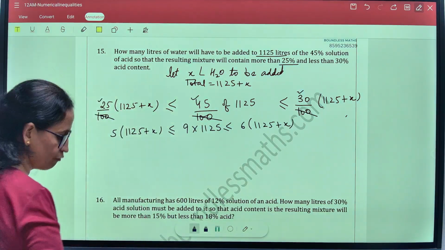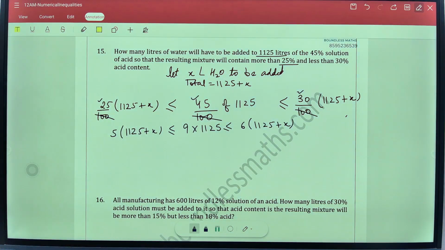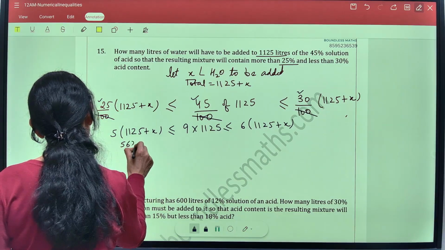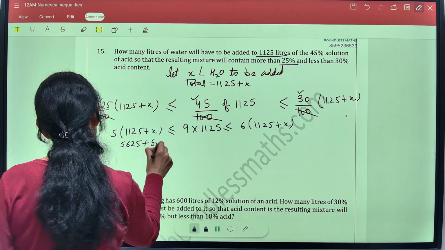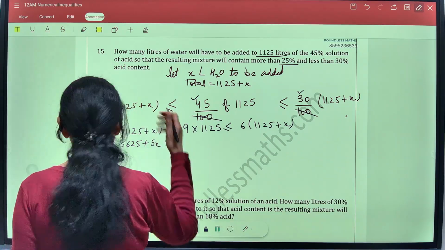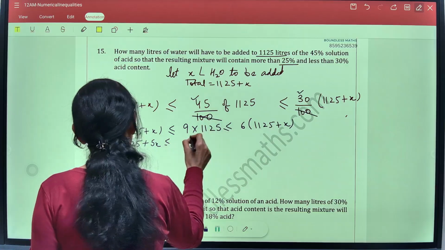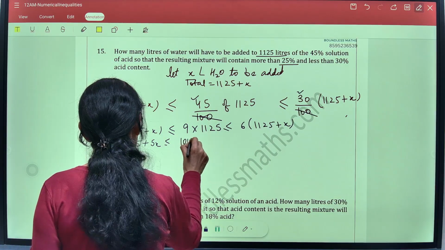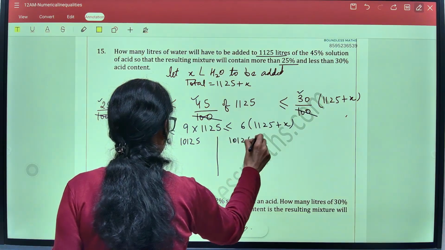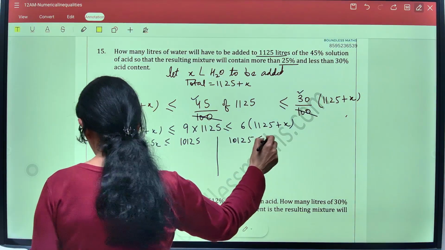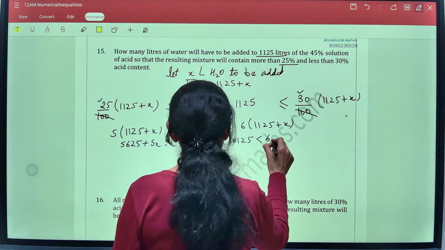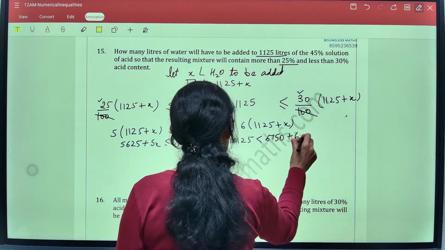Now let's solve both these inequalities separately. So what do we get? This is 5625 plus 5x less than 9 into 1125, which is 10125, and the second inequality will be 10125 less than 6 into 1125, which is 6750 plus 6x.